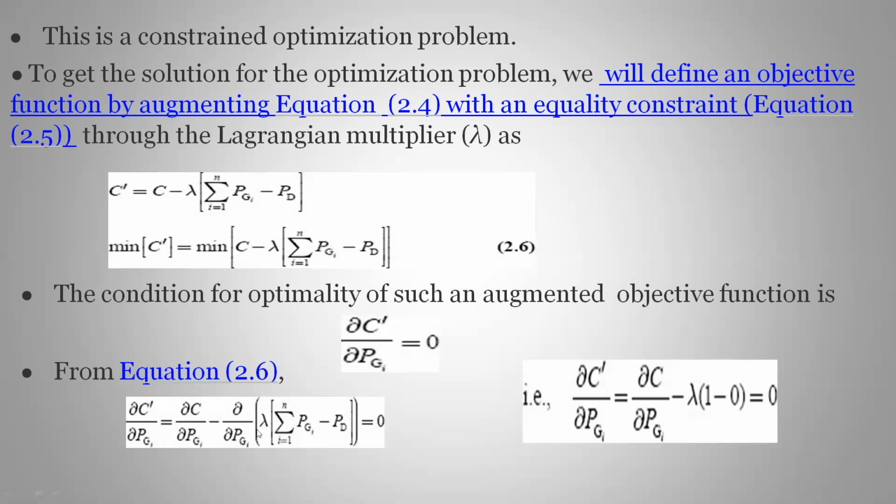Okay, so differentiating with respect to PGi, ∂C/∂PGi minus... ∂PGi by ∂PGi cancels. So λ into 1 minus, differentiating with respect to PD, 0.